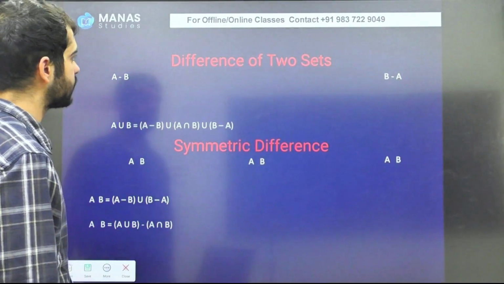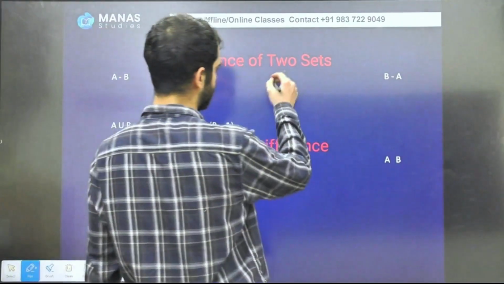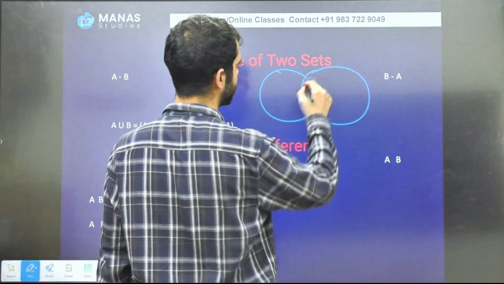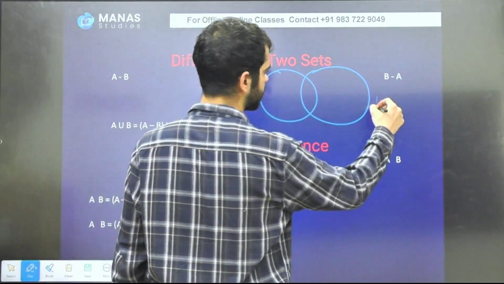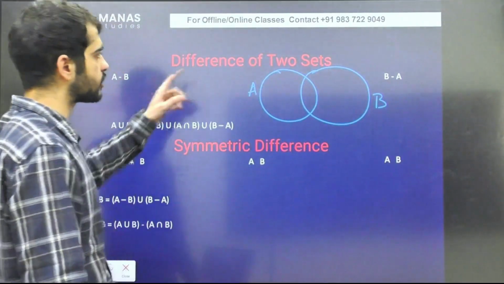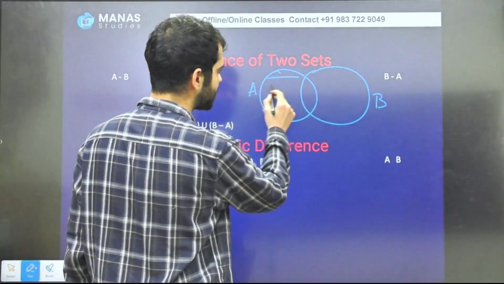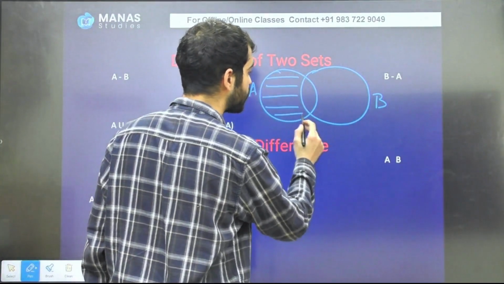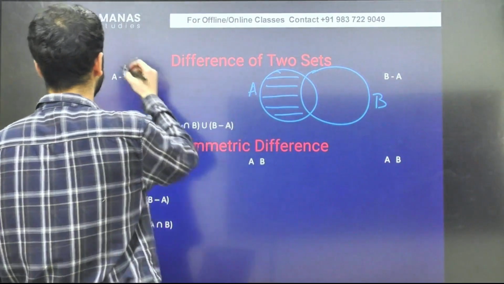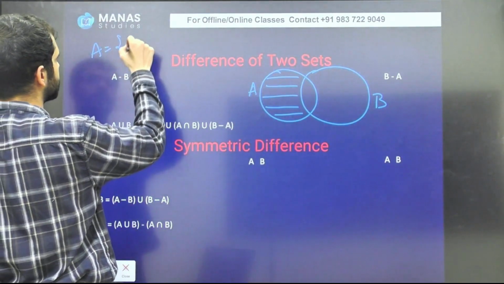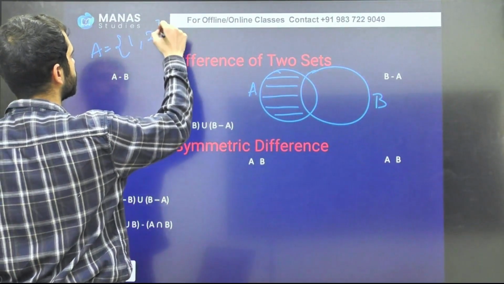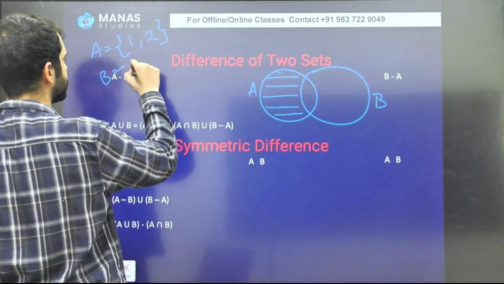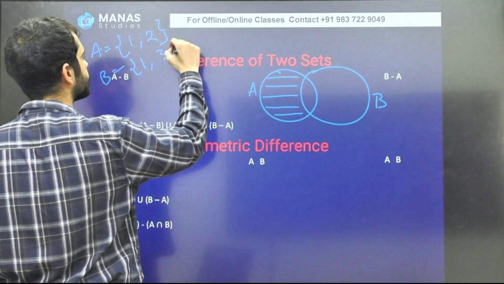The next topic is difference of two sets. Let's understand this with the help of a Venn diagram. If there is a set A, there is another set B. Now the difference of two sets would be the elements that are present in A and which are not present in B. For example, let's say that A contains 1, 2, and B contains 1, 3, 4.